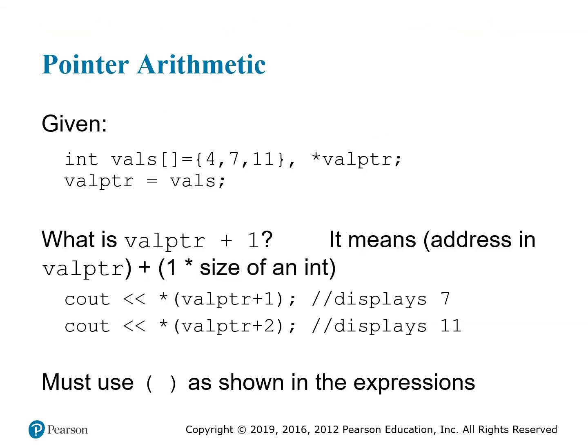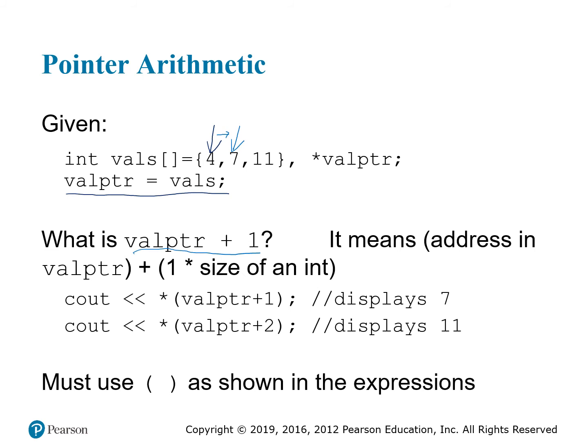Okay, and that idea is called pointer arithmetic. If we've done val pointer equals vals, then initially val pointer is pointing to this first value. What's val pointer plus 1? Well, val pointer plus 1, we're going to add 1 to this, and it now points to 7.